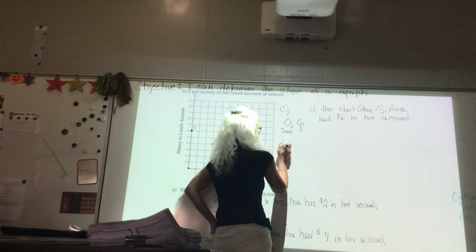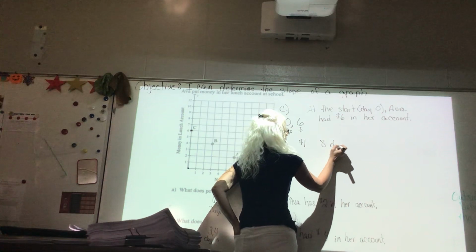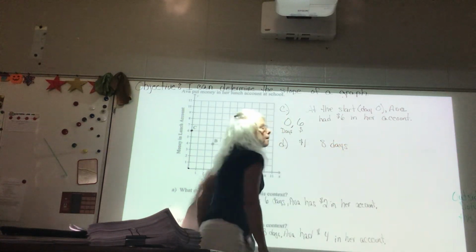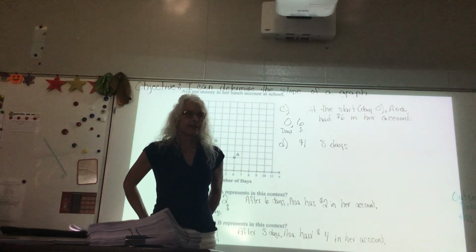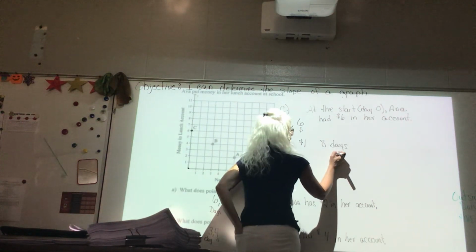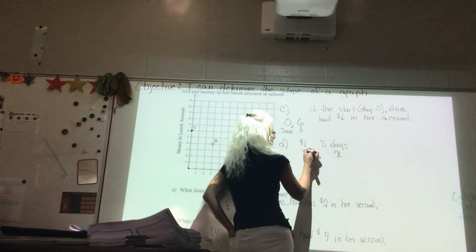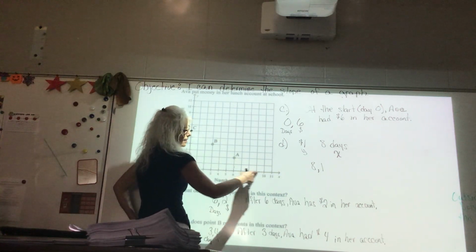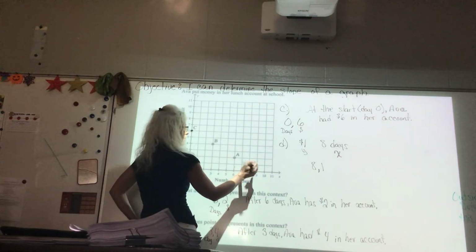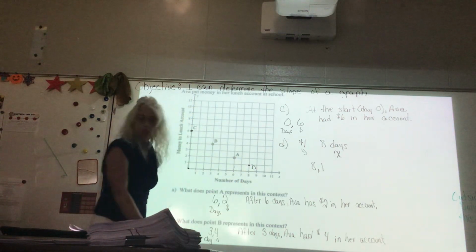So on part D, we have $1, 8 days. Which one of these is gonna be my X, the $1 or the 8 days? 8 days, so this is my X, and then that's my money, that is my Y. So when my X is 8 days, she has $1, and we're gonna label that D, don't we?